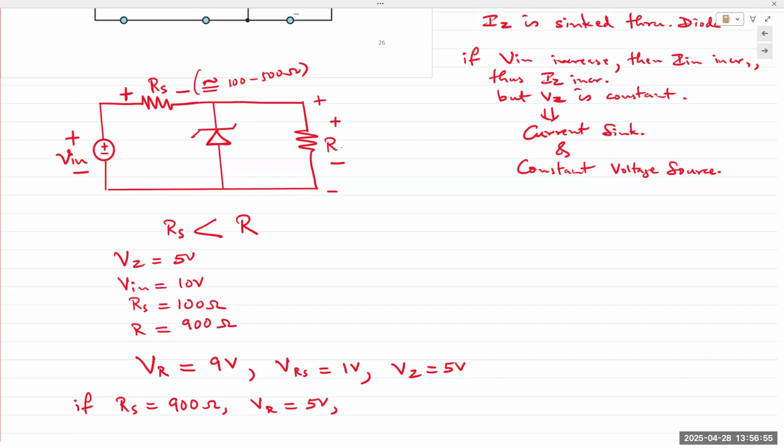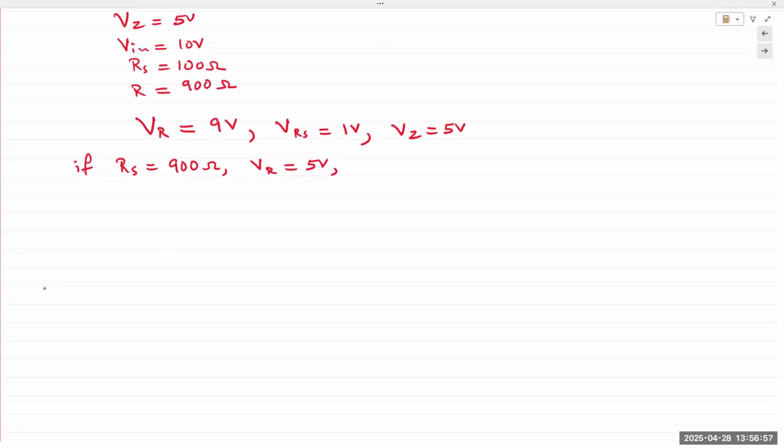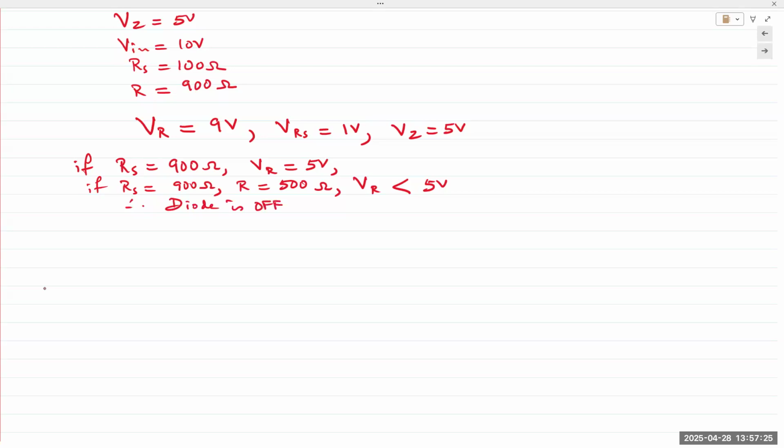What if RS or R drops below? If RS is 900, and now your load is not 900 anymore, it's a smaller value. What happens now? Your VR is now less than 5 volts. Therefore, the diode will not turn on. No regulation will occur.